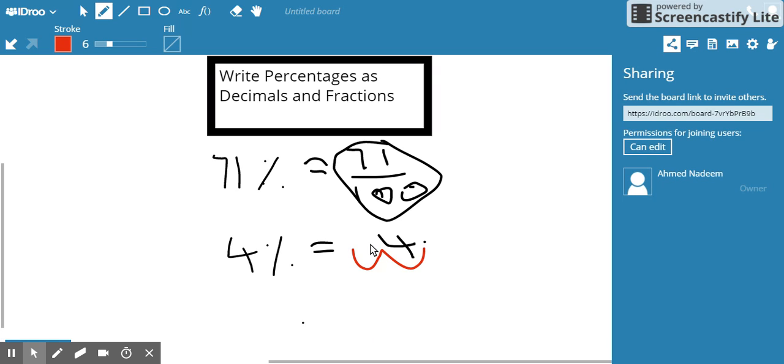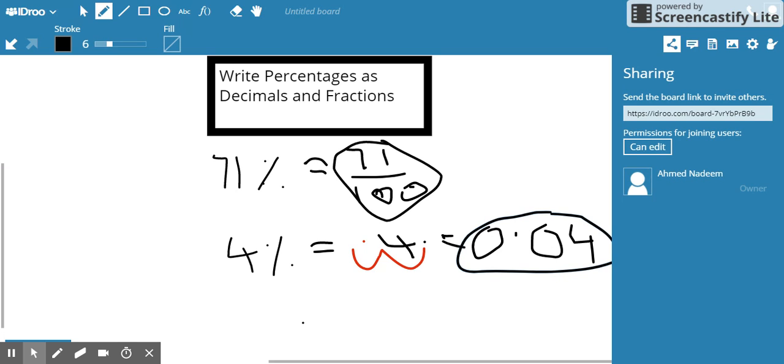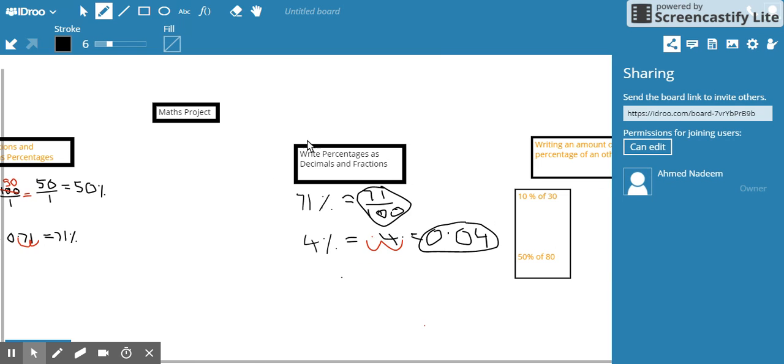Considering there's no number ahead of it in this space, the answer as a decimal is 0.04. You're adding an extra zero because there's a gap here. If there's a gap and you keep moving it, it becomes a 0.